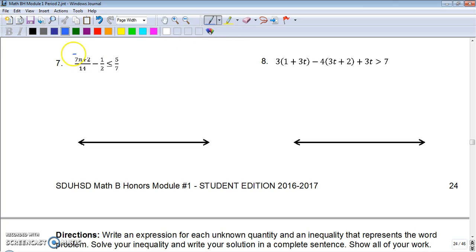On 7, again, we'll go with our fraction busting strategy. We're going to distribute once, twice, 3 times. We end up getting 7n plus 2 minus 7 is less than or equal to 14 times the 7th is 2 times 5 is 10.